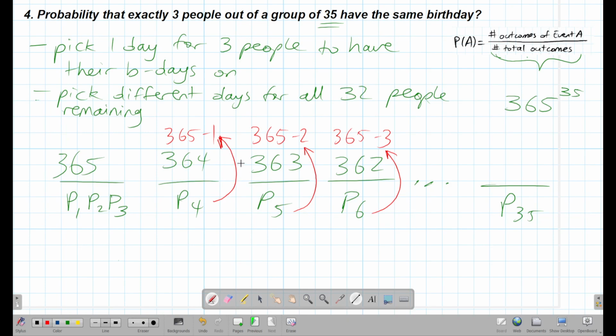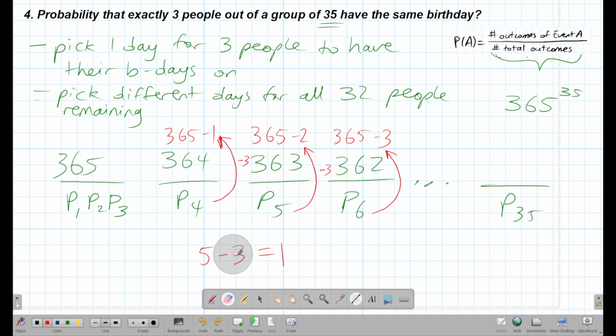And the pattern here is subtract 3. If I subtract 3 from 4, I get the minus 1 over here. And it's the same story if I subtract 3 from 5, then I get that minus 2.